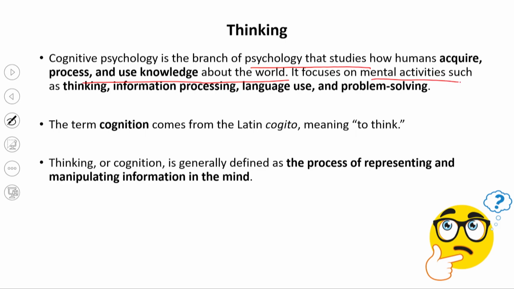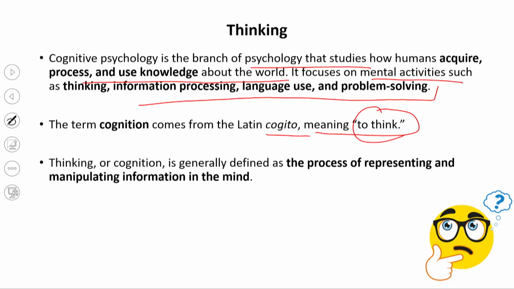It focuses on mental activities such as thinking, information processing, language use and problem solving. So, cognitive psychology more specifically focuses on this whole idea of thinking and the various aspects related to thinking, like information processing, language, decision making, problem solving and so on. The term cognition that we use for cognitive psychology comes from the Latin word cogito, meaning to think. So, thinking is central to cognitive psychology.